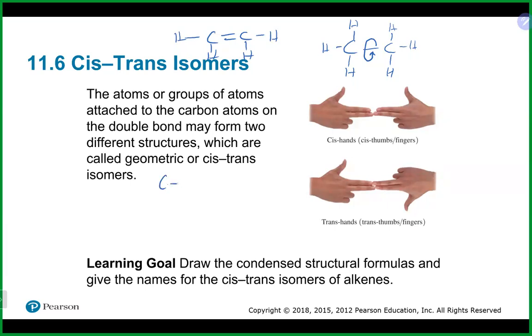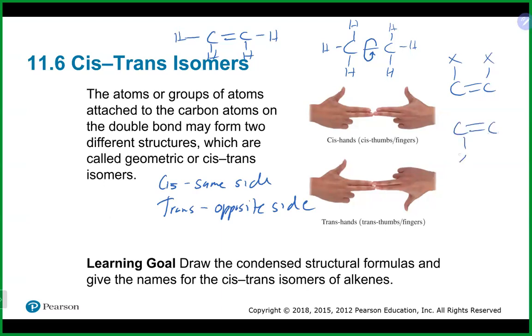Cis means basically the same side, and trans means basically the opposite side. What we're talking about is the carbon-carbon double bond. So you could have groups on the same side, which would be cis, but you could also have some groups on opposite sides, which would be trans in this case.